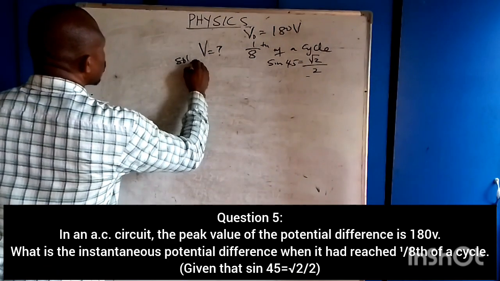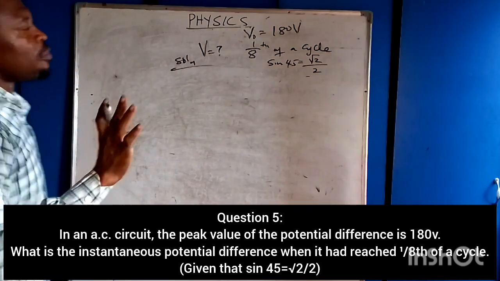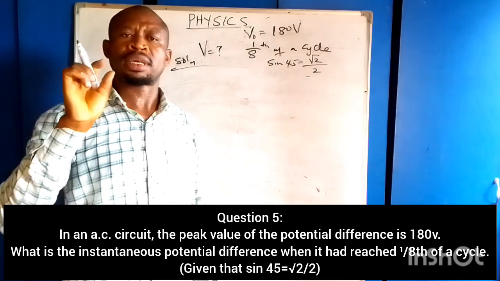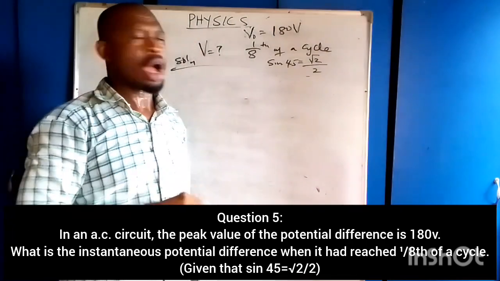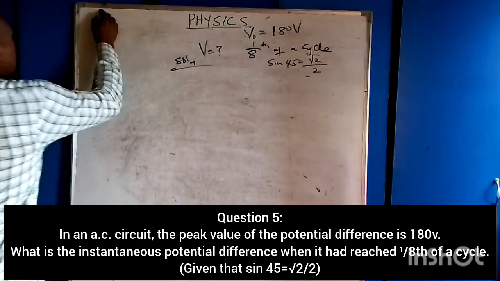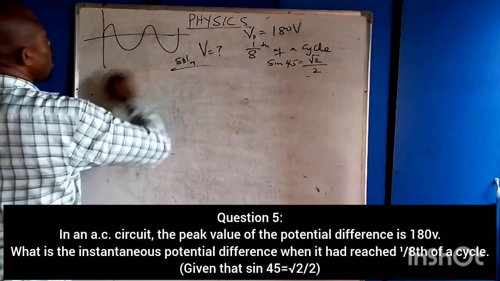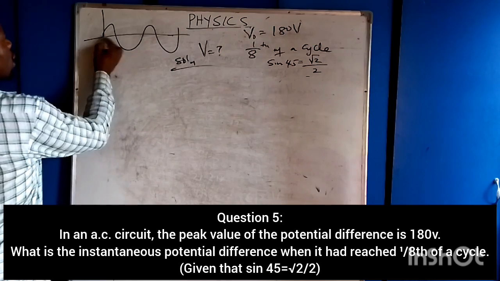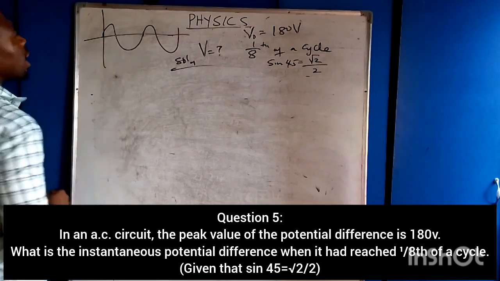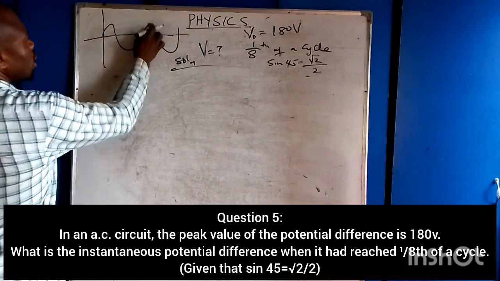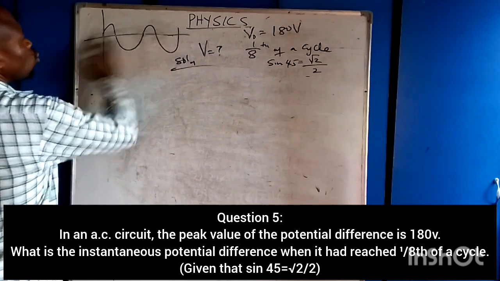So, solution. They have mentioned a cycle. A cycle is just one complete oscillation. If we have this as a sinusoidal curve, this is half a cycle, this is another half, making it one complete cycle. This is half a cycle, this is another half cycle. So these are two cycles.